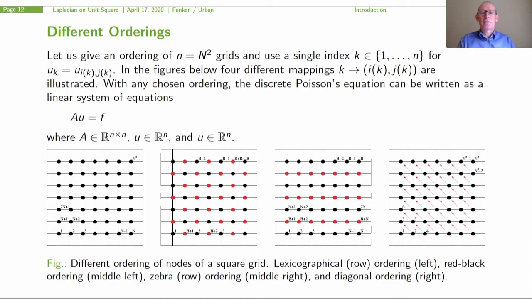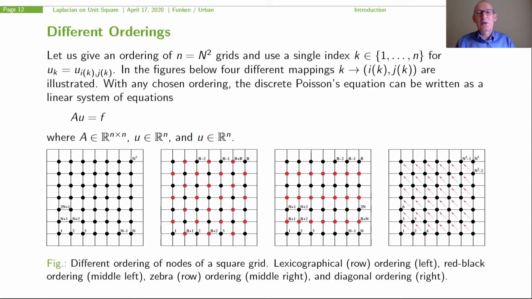One reason for this coloring is when you apply the Gauss-Seidel method, you can decouple all the red and the black nodes. Usually when you're doing the Gauss-Seidel method, you update one entry of your solution vector, then the next entry, then the next entry. You always have to wait, and the parallelization of this process is nearly impossible.